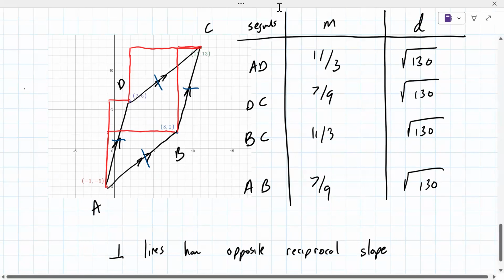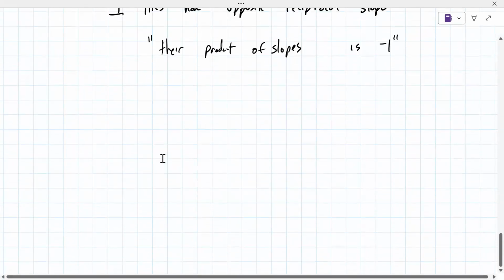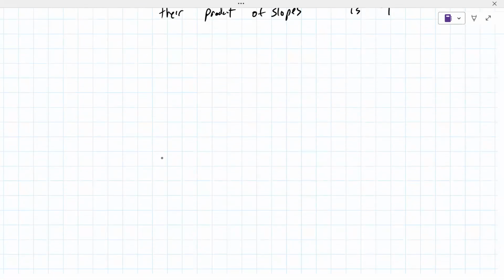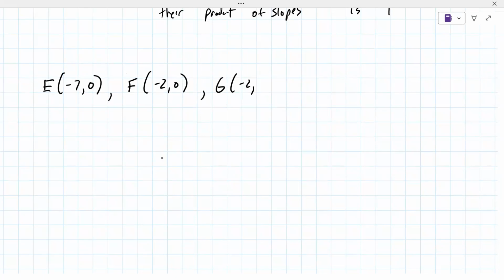All right, so this one I'm going to handwrite because the words tell you what it is. All right.